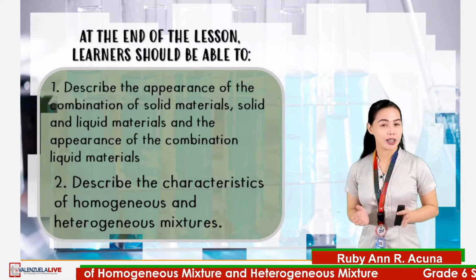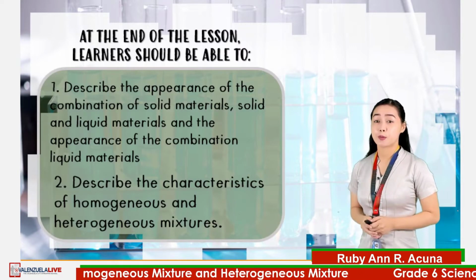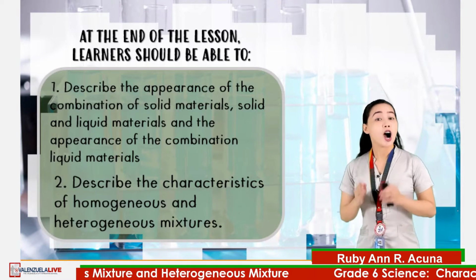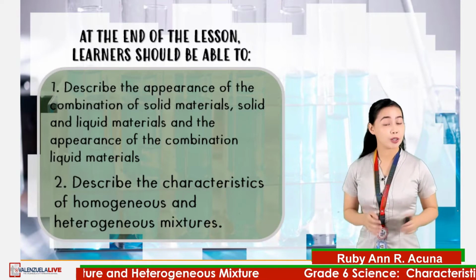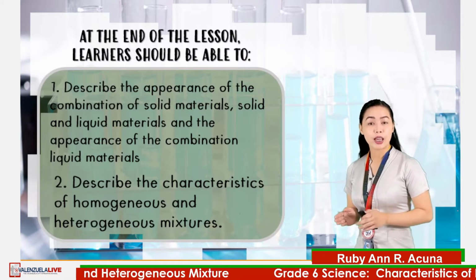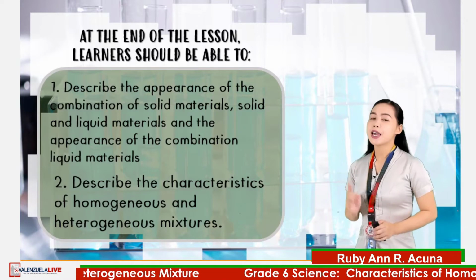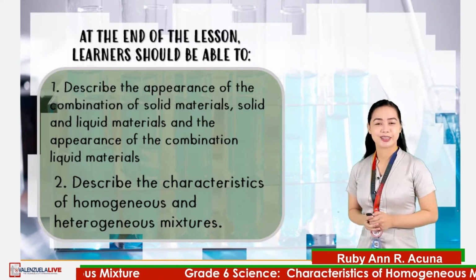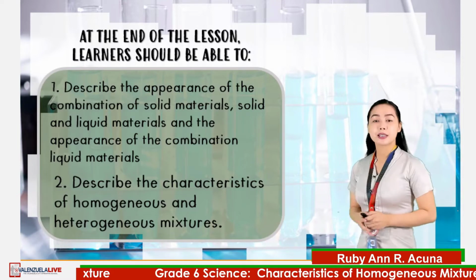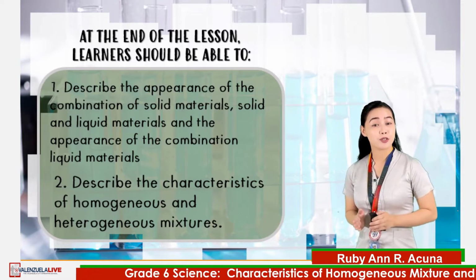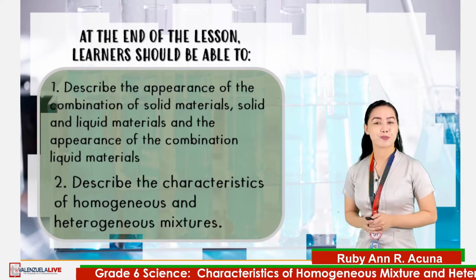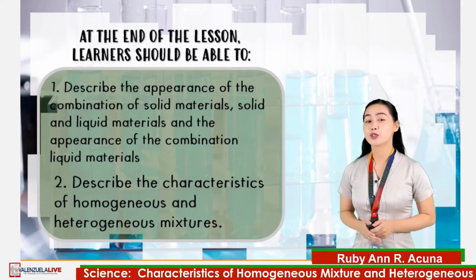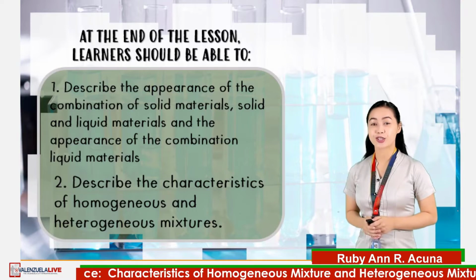At the end of our lesson, you should be able to, number 1, describe the appearance of the combination of solid materials, solid and liquid materials, and the combination of liquid materials. Number 2, describe the characteristics of homogeneous and heterogeneous mixtures. Now that it's clear to you, I know that you are ready for our discussion today.